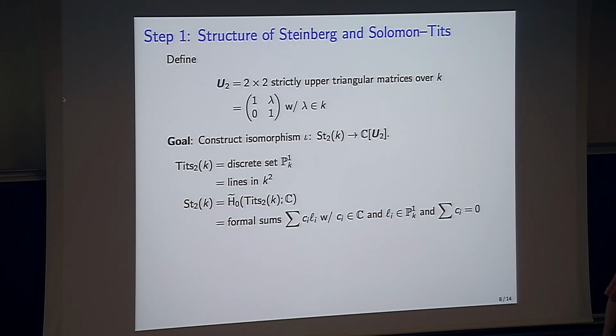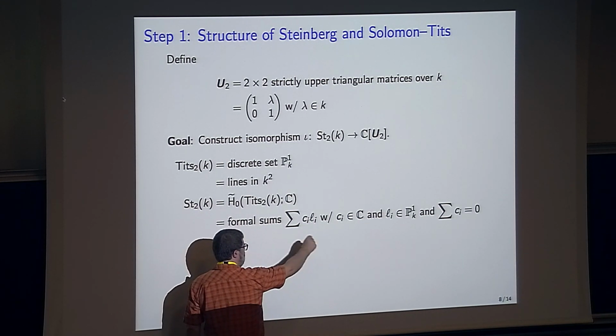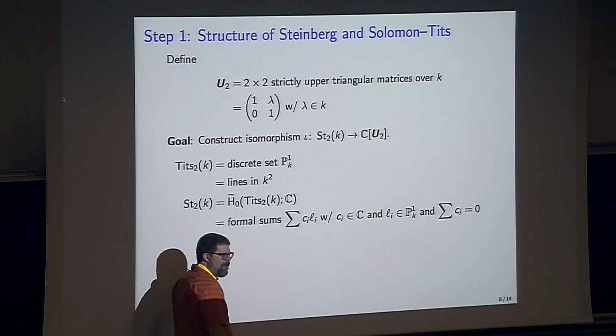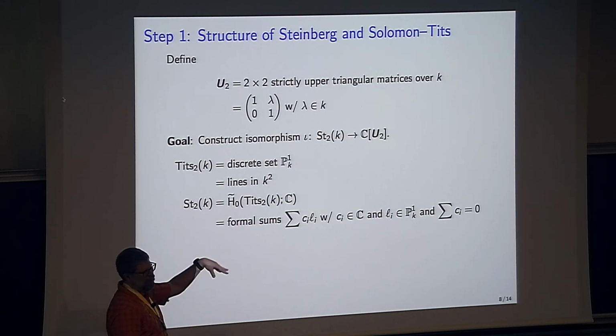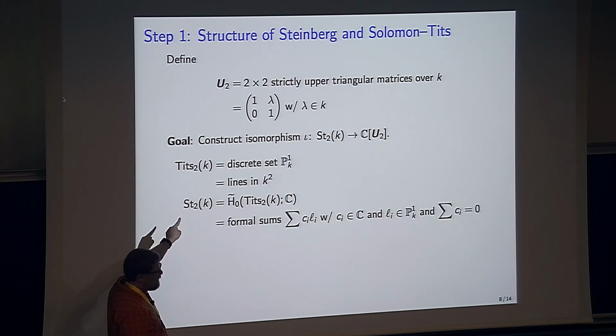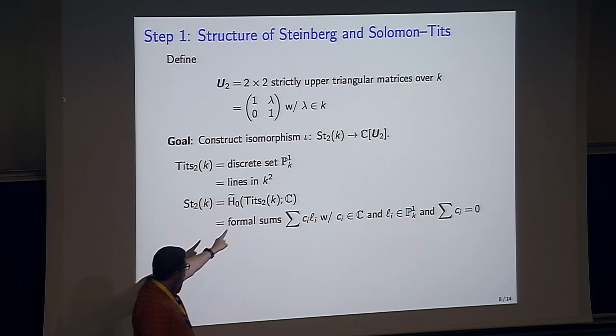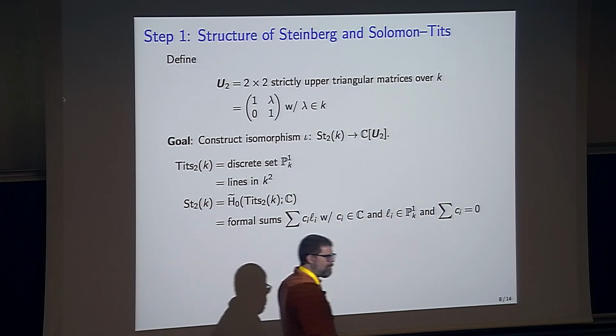What is the reduced h0 of a discrete set? Well, these are just literally formal sums, sum of c_i L_i, where c_i is a complex number and L_i is some line, right? And the sum of the coefficients is 0, because we're in reduced homology, not unreduced homology. Okay, that's all this is. And so that's what the Steinberg representation is in this very degenerate case. It is just formal sums of lines where the total sum is 0. Okay, that's all it is.